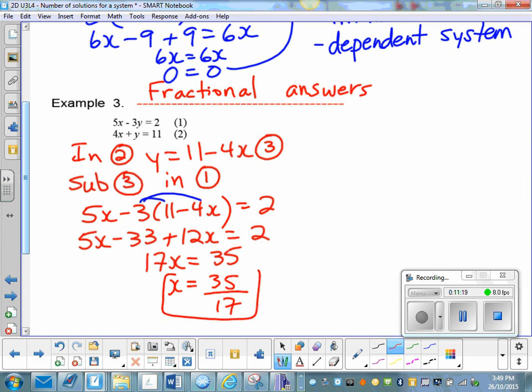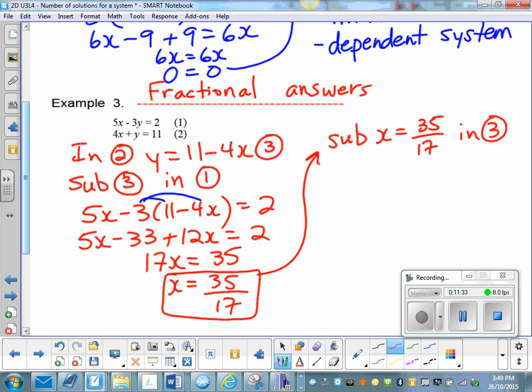So we've got the x part. Now we need to figure out the y part. So I'm going to sub x equals 35 over 17. And I can sub it into equation 1, 2, or 3. Probably equation 3 is going to be the easiest one to sub in, because it's going to look like y equals 11 minus 4, and then times 35 over 17.